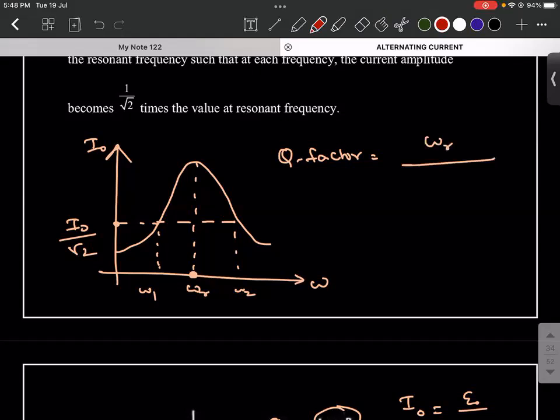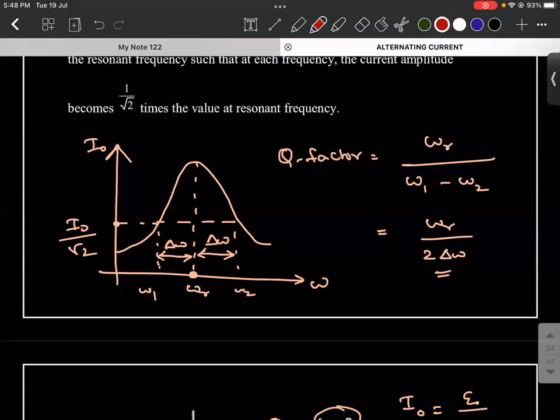the ratio of omega r, listen to this carefully, to the difference in frequencies, that is omega 1 minus omega 2. Is it clear? If I take this distance to be delta omega and this distance also to be delta omega, then omega r divided by 2 times delta omega is also called the quality factor.